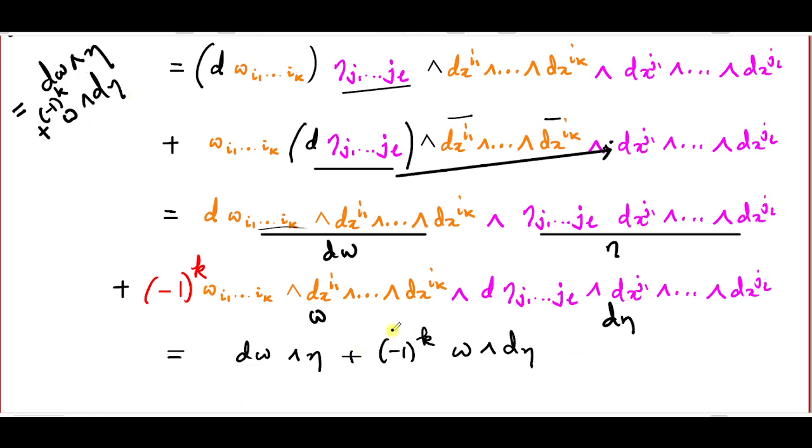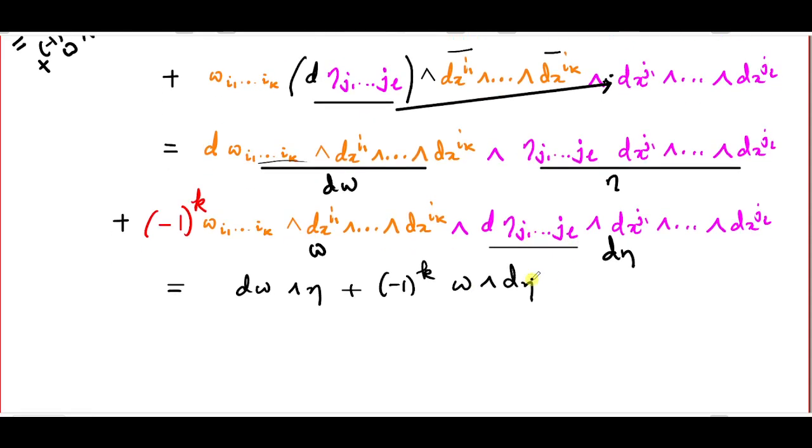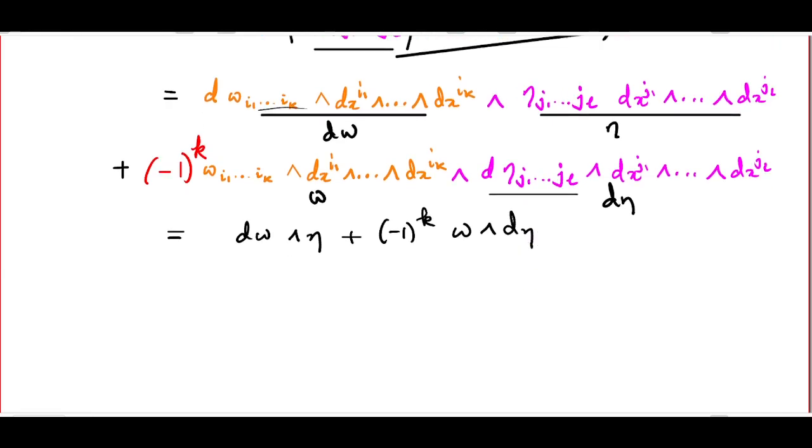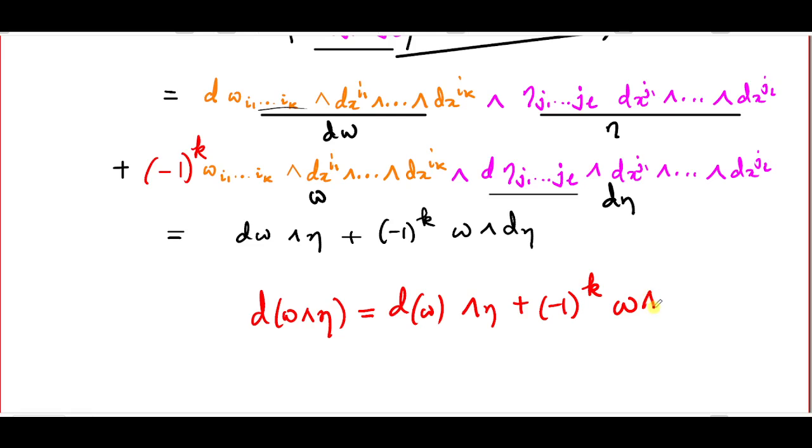The minus 1 to the k comes from the fact that this d eta j1 through jl has to jump across k dxs to get here. So this is our graded Leibniz property. Let me just write that down once again. If omega and eta are k forms and l forms respectively, then d of omega wedged with eta equals d omega wedge eta plus minus 1 to the power k omega wedged d eta.